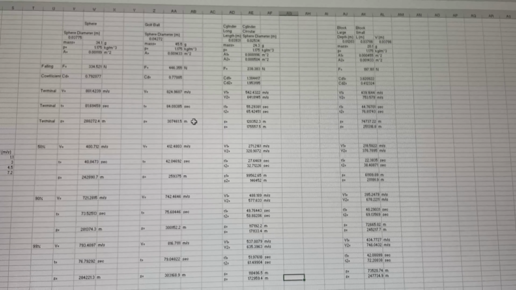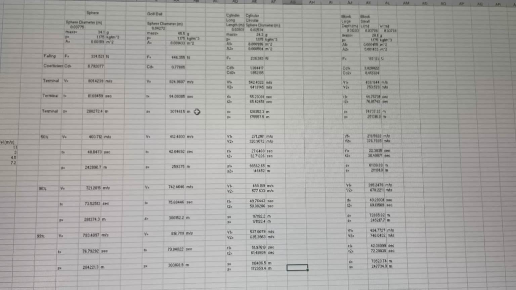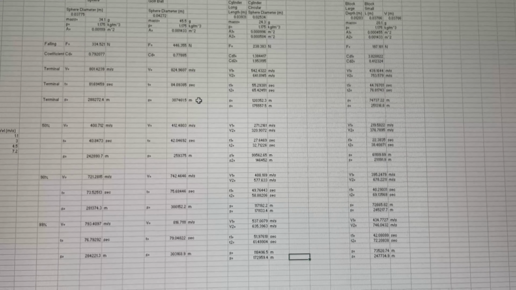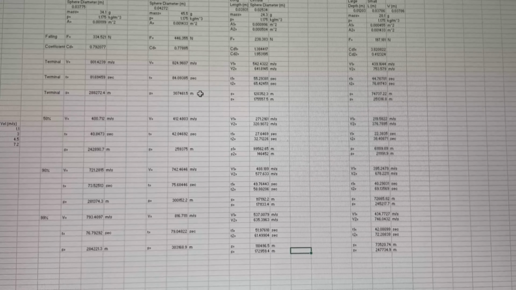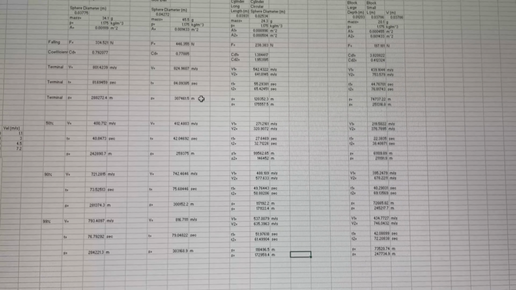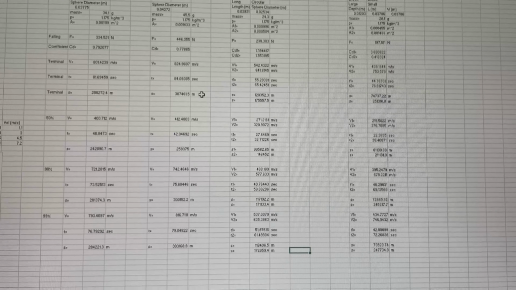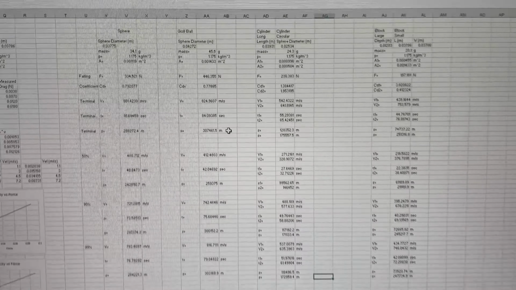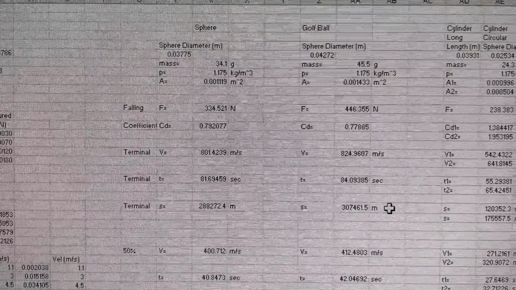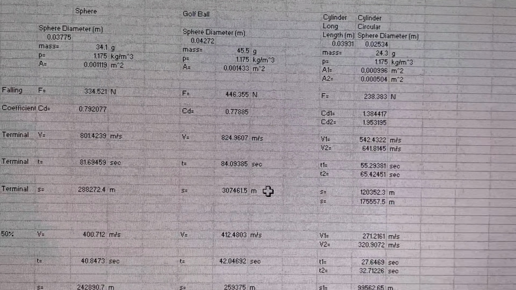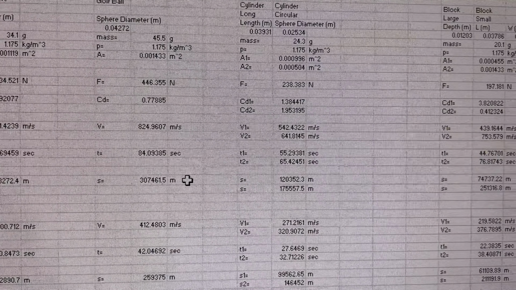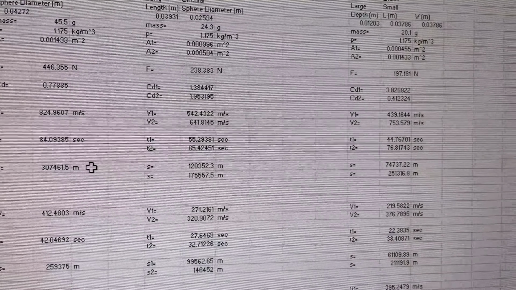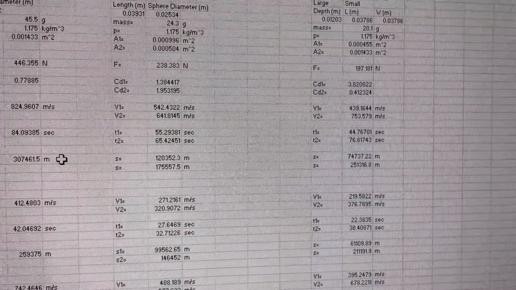based off of the mass, density of the air, the area. Originally, I was going to match the force, but I don't think that was actually necessary in the end, based off the formulas I used.